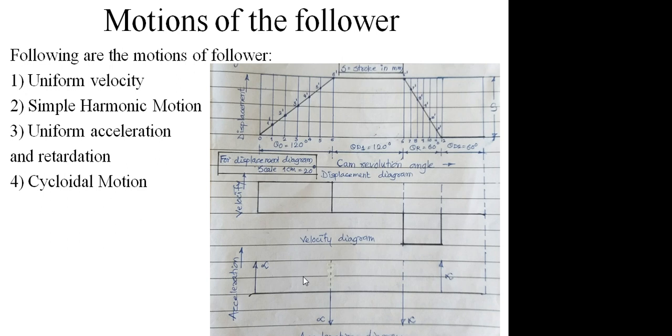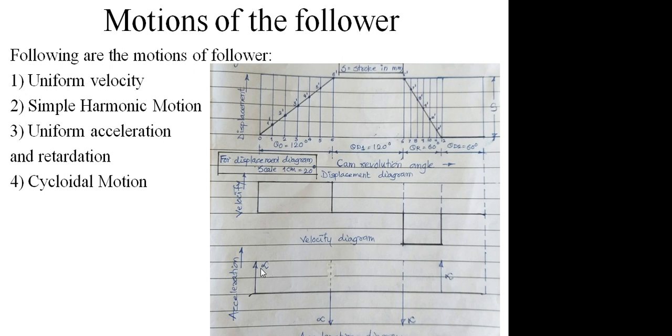If you see the acceleration diagram for the follower, when the follower moves with uniform velocity, the acceleration is shown infinite at the start and end of the outstroke as well as at the start and end of the instroke.